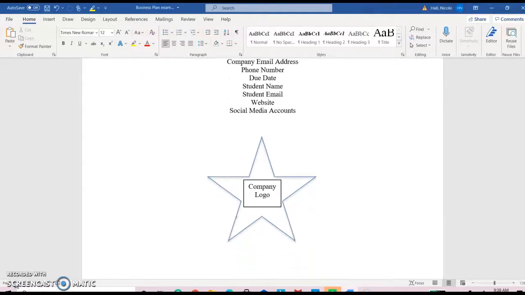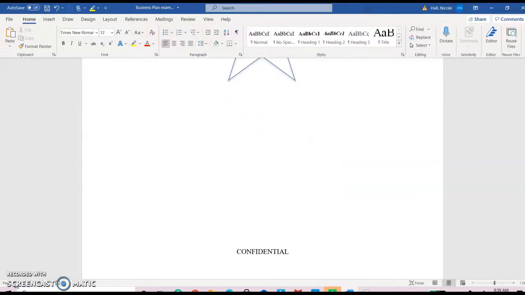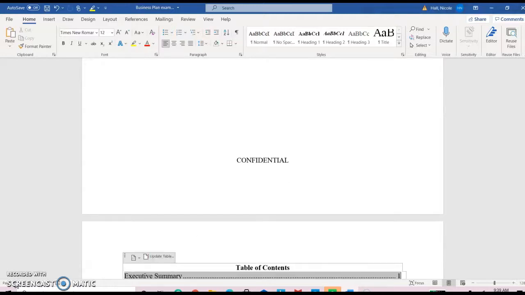Next, you'll include your company logo if applicable. If you don't have a company logo, that's okay, but it is recommended. And then at the bottom of your cover page, just make sure that you put the word confidential so readers know that this is a private document and shouldn't be shared unless the share has permission.